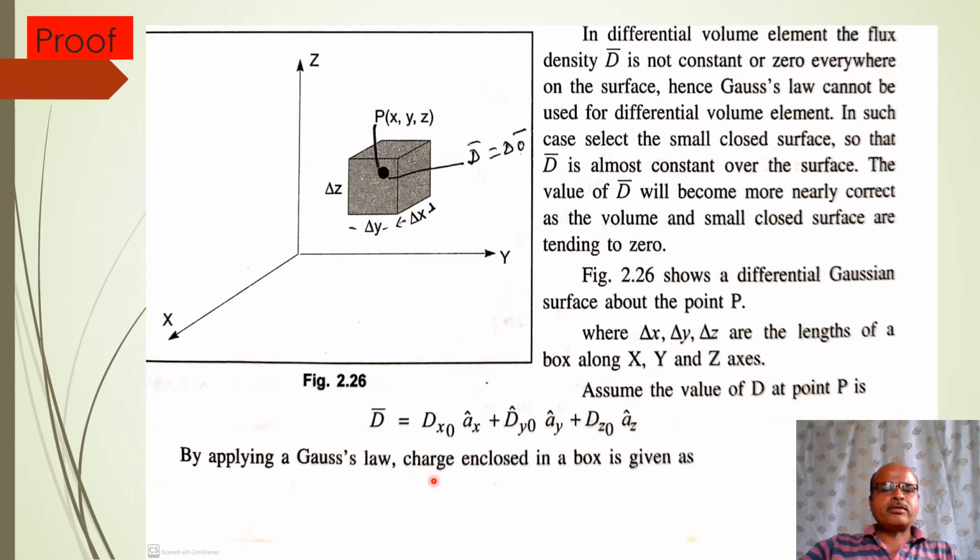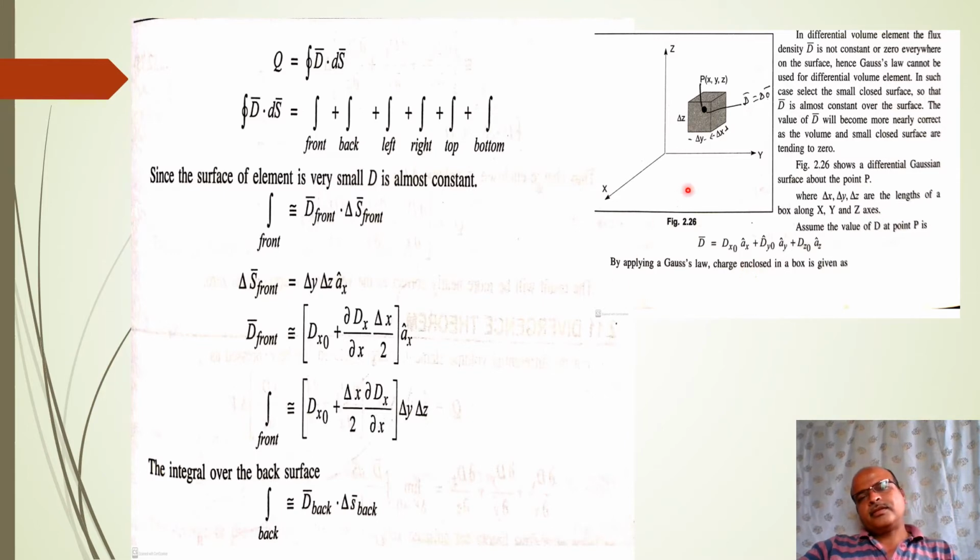By applying Gauss law, the charge enclosed in a box is given as follows. In this slide we have taken D bar equal to Dx0 ax cap plus Dy0 ay cap plus Dz0 az cap. Therefore, according to Gauss law, charge enclosed Q is equal to close integral D bar dot dS bar.